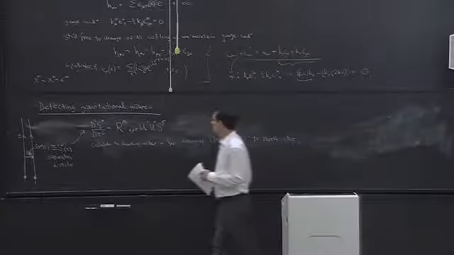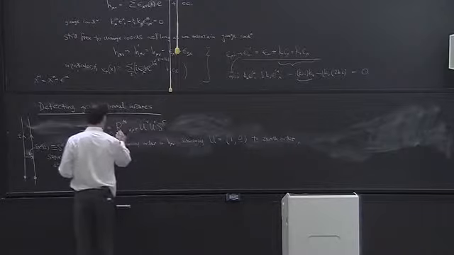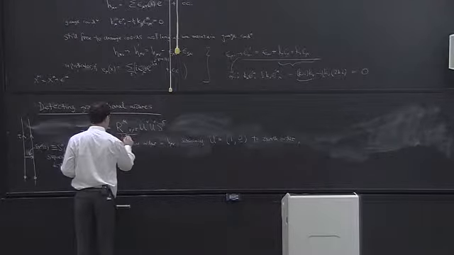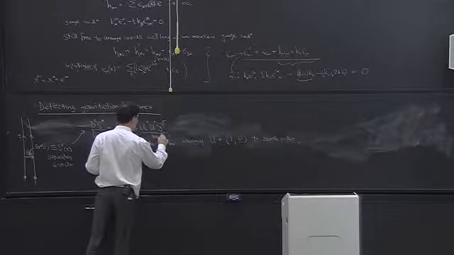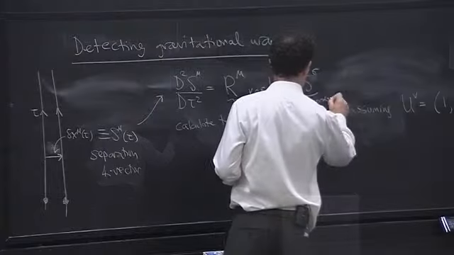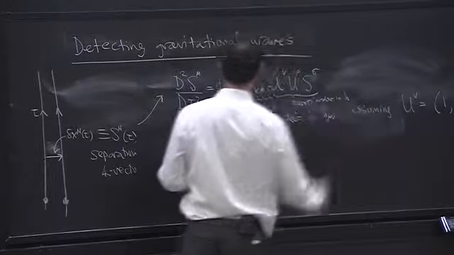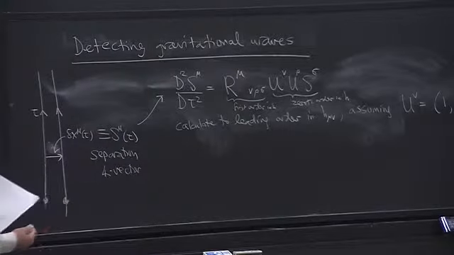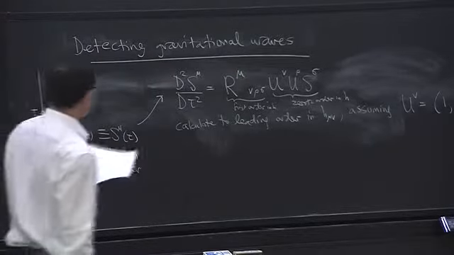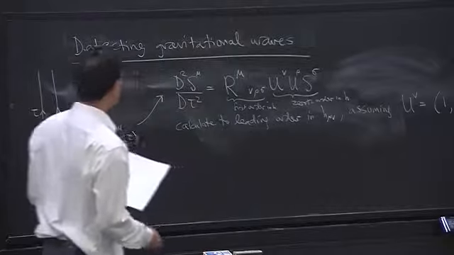So I'll just write that here. This is going to be first order in h, and all of this will be 0th order in h. On the left-hand side, I'm going to get the first order change in the separation vector due to that h.